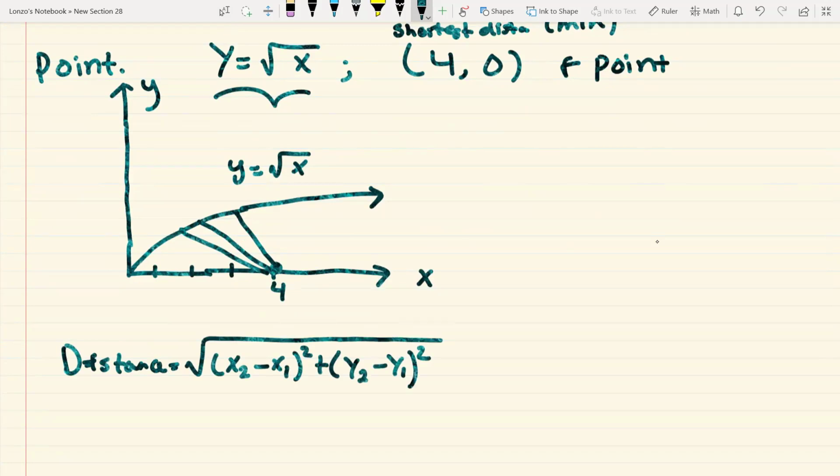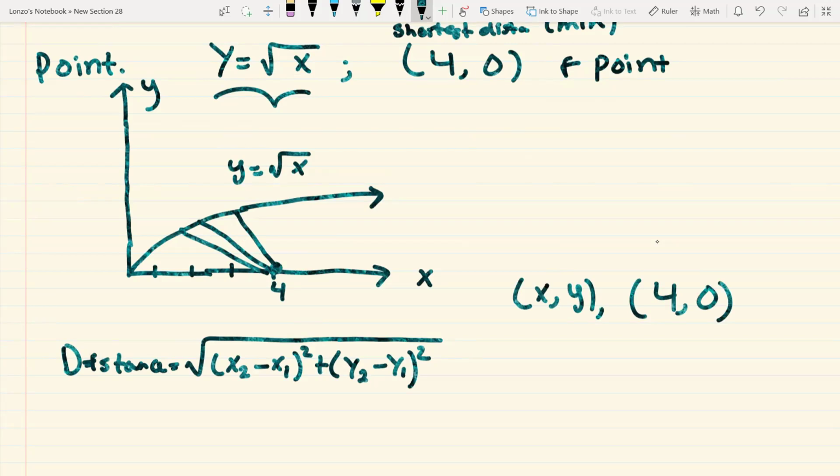So do we even have 2 points? Yes, we do have points. What are our 2 points? One of my points is x comma y, because I don't know. I don't know one of the points, so I'll call it x comma y. And my other given point was 4, comma 0.